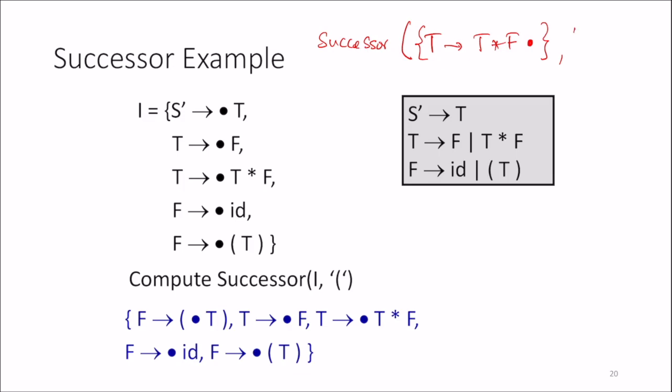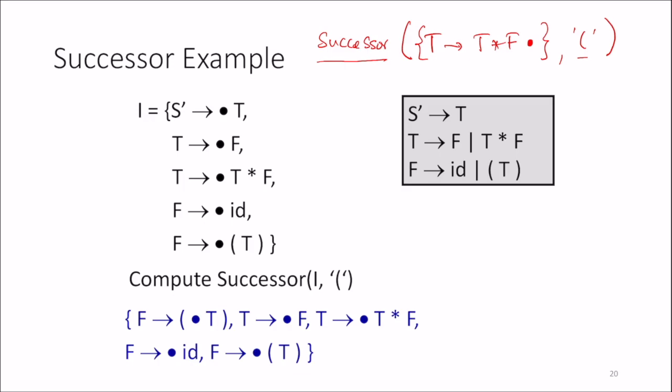Let's just say open parenthesis. Notice that this dot is not before anything, and it's definitely not in front of open parenthesis. So in this case, I would just return nothing. There's no other set of dotted items that you can transition to.